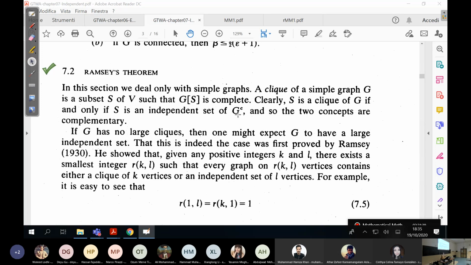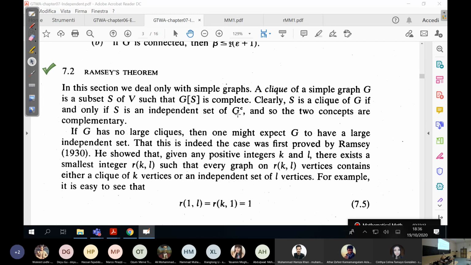If it is very sparse, with quite a lot of vertices and only a few edges, then my bet would be I can find a big independent set and maybe small cliques. A clique is already a vertex by itself, a clique of one vertex. An edge is a clique of two vertices, because the edge between them is already a complete graph with two vertices.